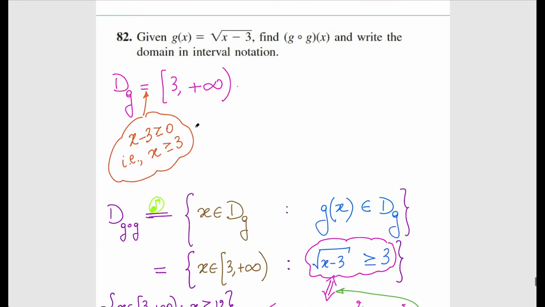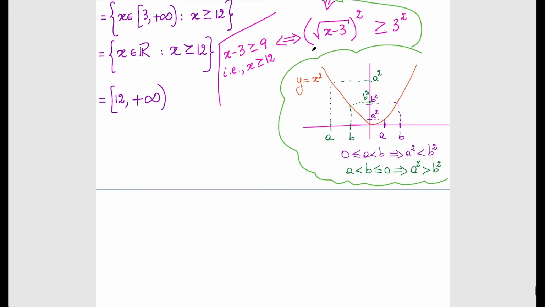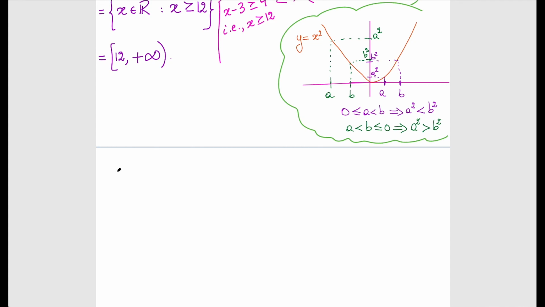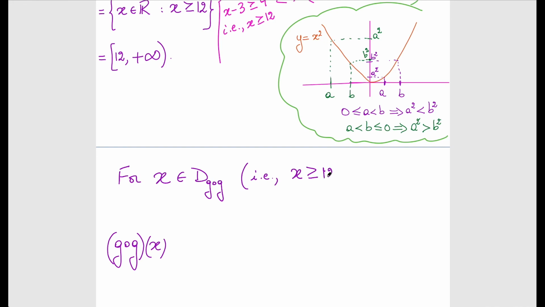Alright, and finally we have to give a recipe for G composed with G. So we have to give a recipe for the output. Well, G composed with G acting at X, and this X should live in the domain, right, of G composed with G. So we know what the domain is by now. So for X that lives in the domain of G composed with G, meaning for those x's which are from 12 onward, that are bigger than or equal to 12, we can find their outputs, right?